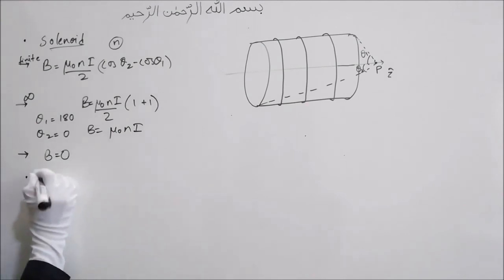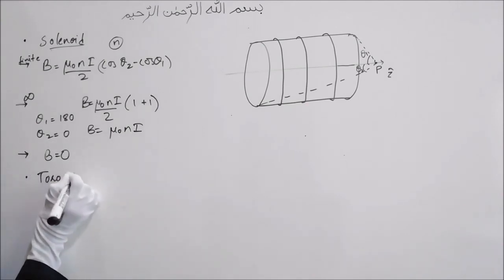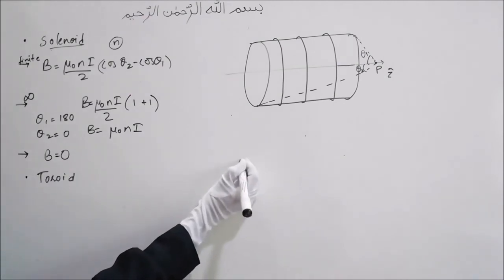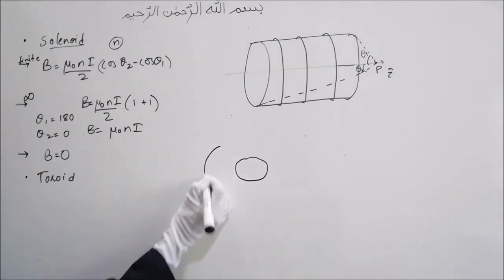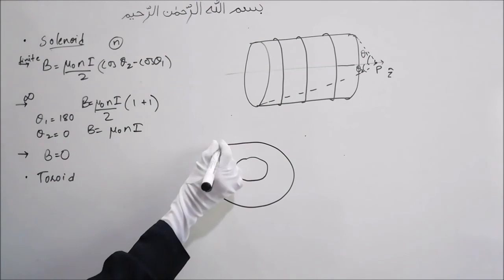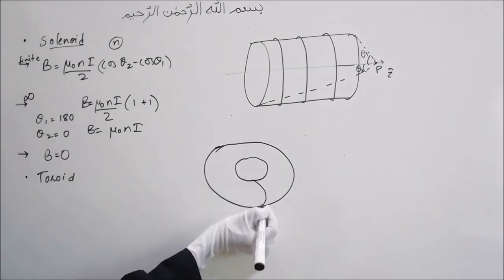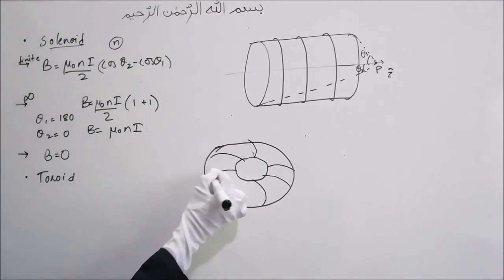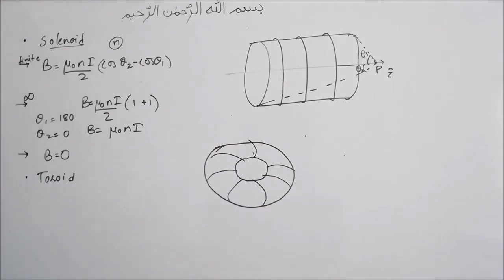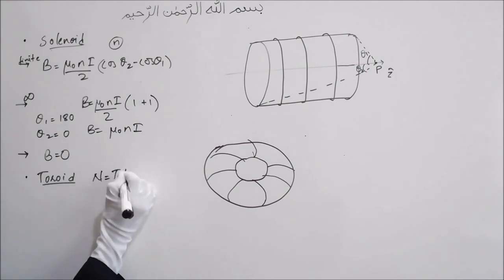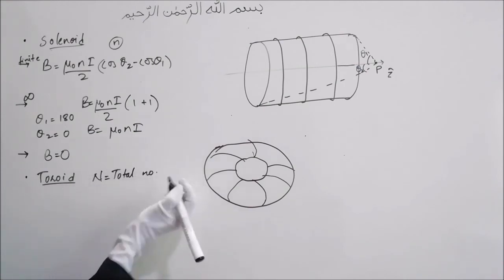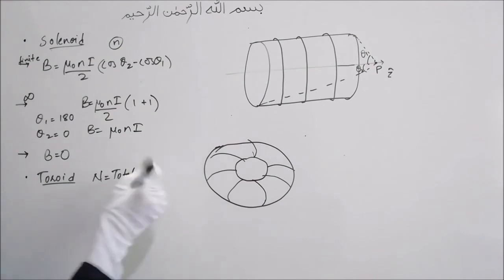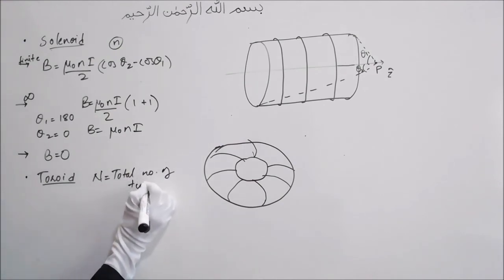If we want to find the magnetic field due to a toroid, then what? A toroid is sort of like a donut and the coils are wound like this. Let's say N is the total number of turns here, not the number of turns per unit length but the total number of turns.